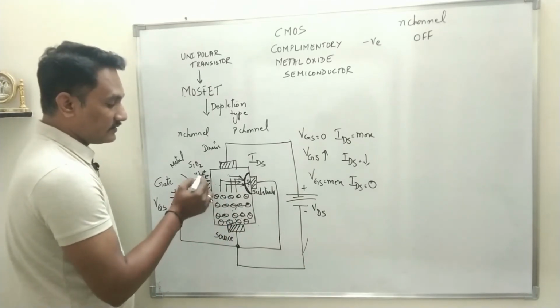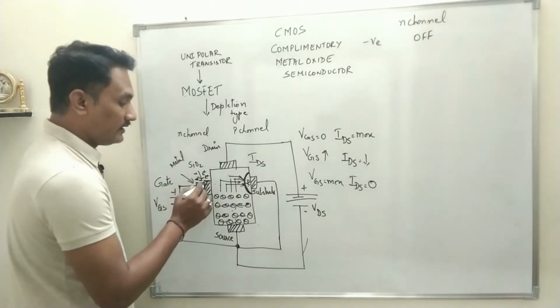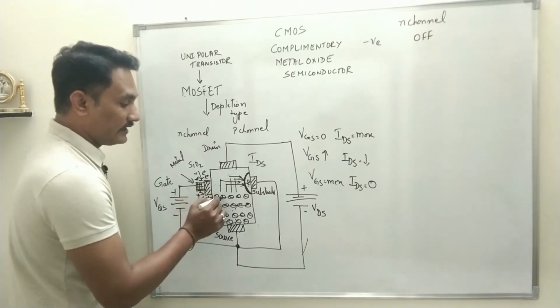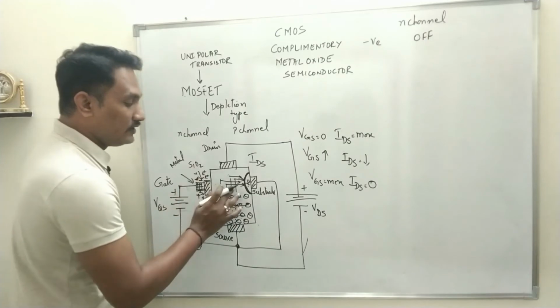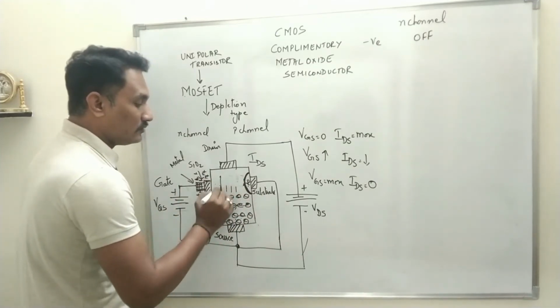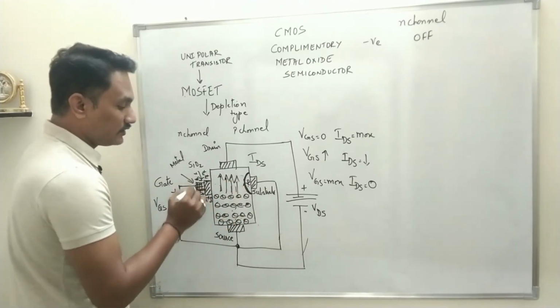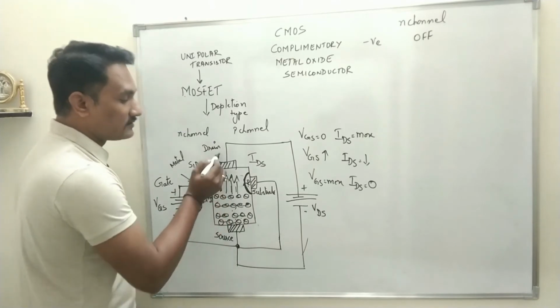You can say, sir, if it is a positive terminal, electrons can be attracted at this point, but there will be a dielectric between. There is an insulator, so the charge carriers cannot move like this to the positive terminal. So the only path left for these charge carriers is to move towards the drain. So actually this positive terminal near the capacitor accelerates the electrons towards the drain.